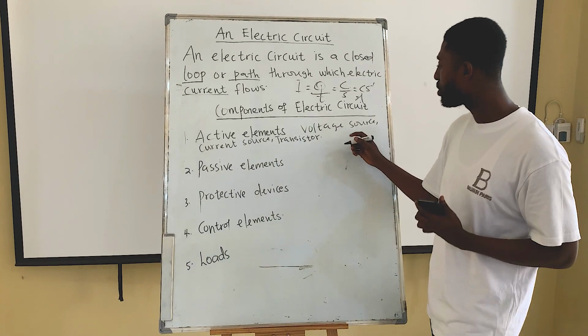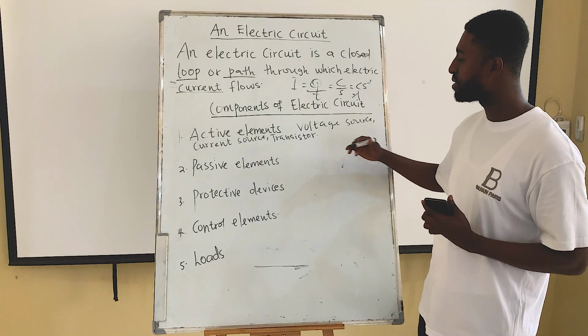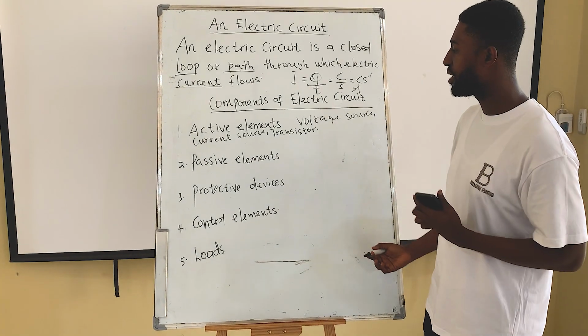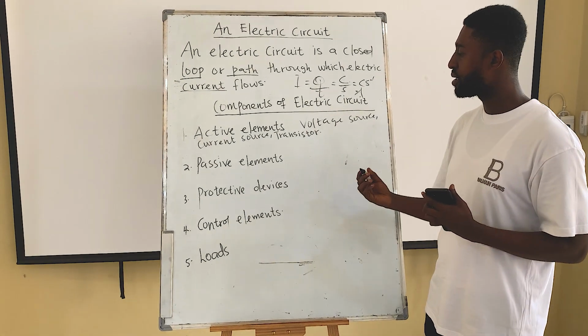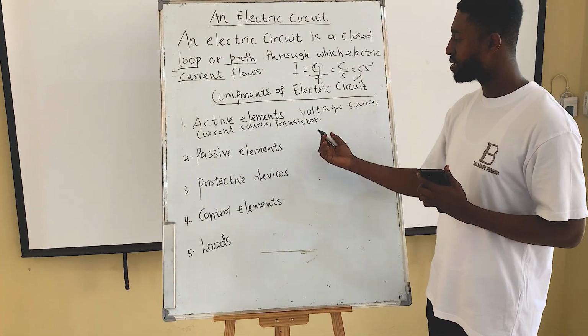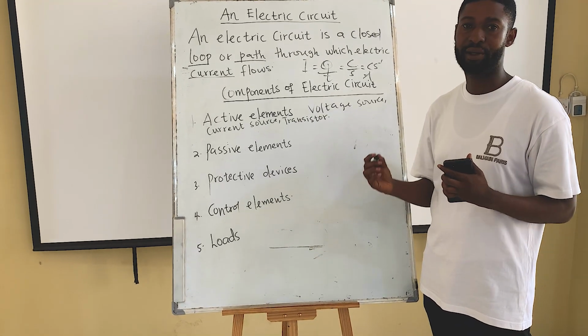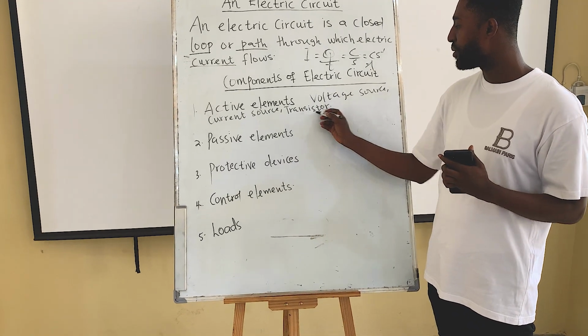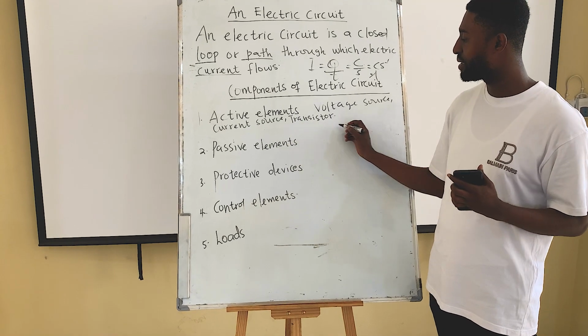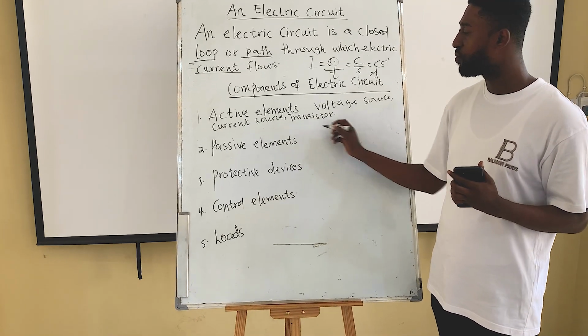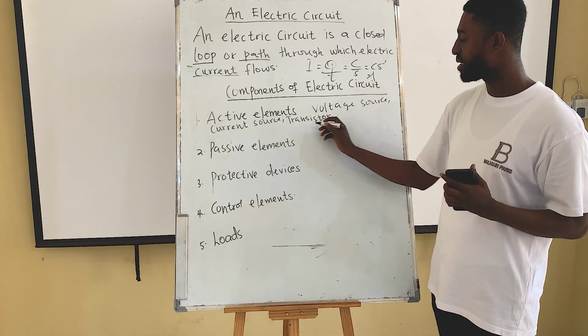So the voltage source is to provide the electromotive force needed to produce what? Current. Now the current source, the basic function of the current source is to provide constant current irrespective of the load. Then you have a transistor, which is a three-terminal device, which is used for amplification of electronic signals.